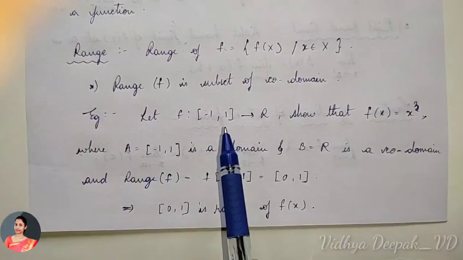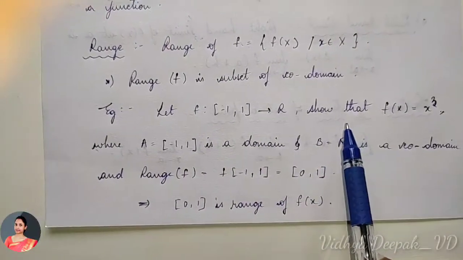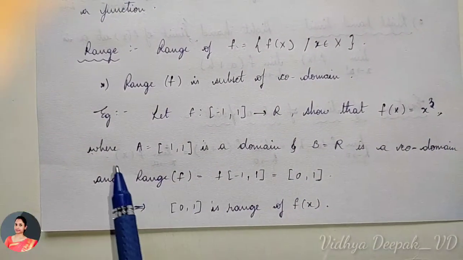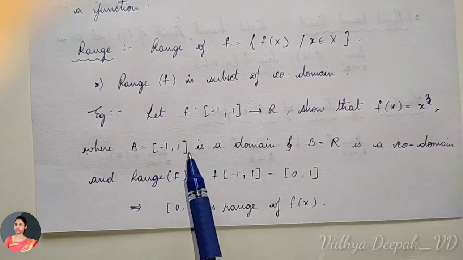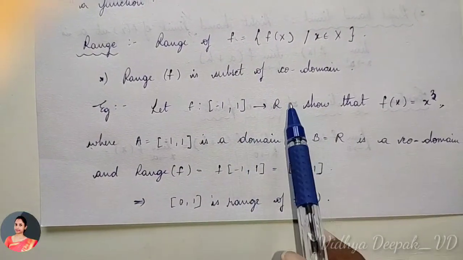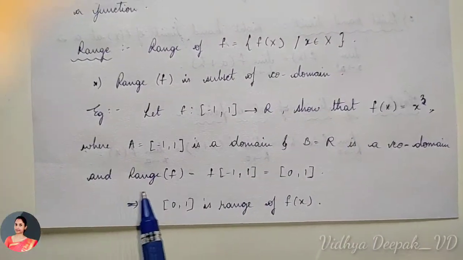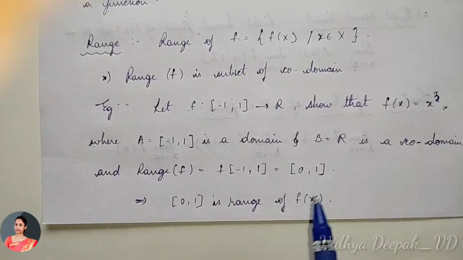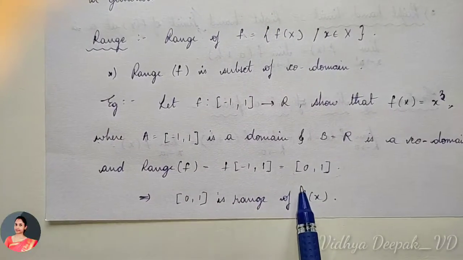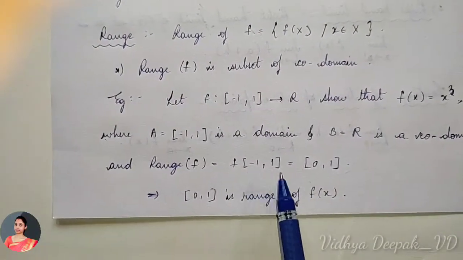Okay, now let's see an example. Let f from [-1, 1] to R be given by f of x is equal to x cube, where the domain is [-1, 1] and R is the codomain. Okay, so the range is given here to be [0, 1]. From where did you get this range? You have the domain to be [-1, 1].